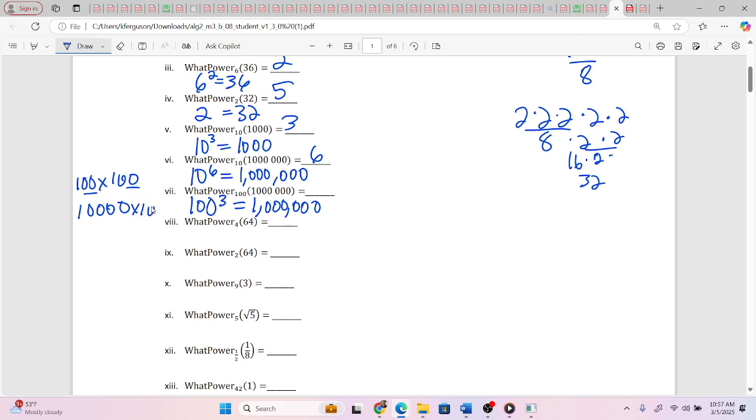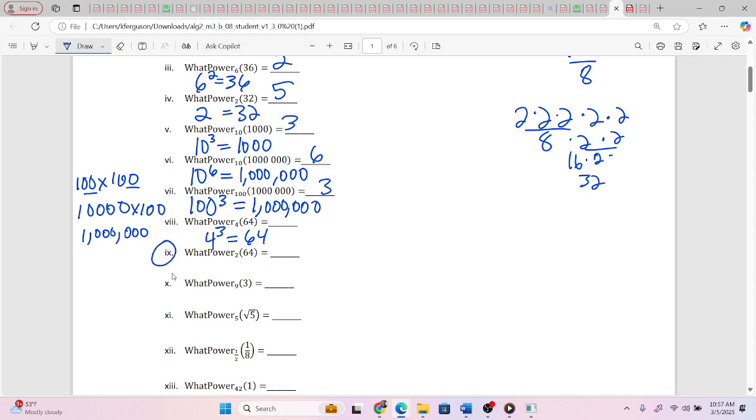If I multiply 10 grand times 100 again, that gives me the million. That gives me 6 zeros. That's 100 to the third power. What power of 4 equals 64? 3. 4 times 4 times 4 is 64.